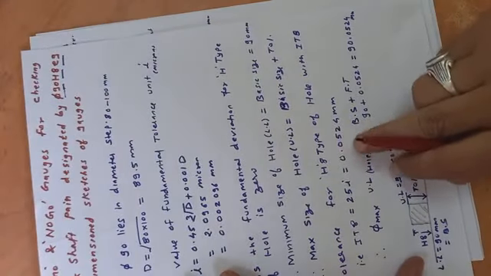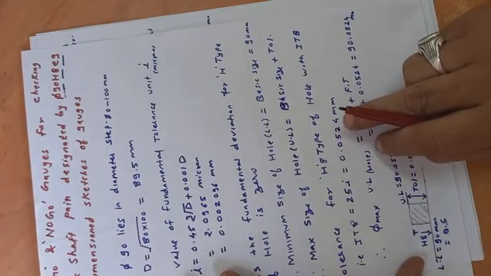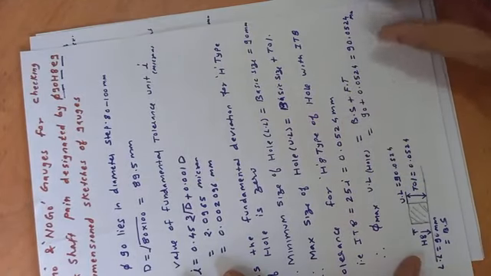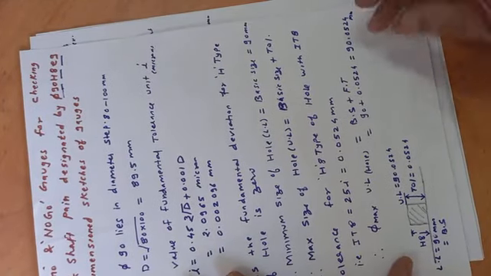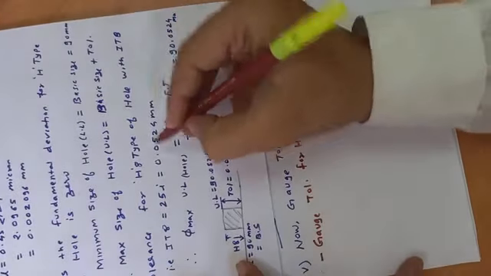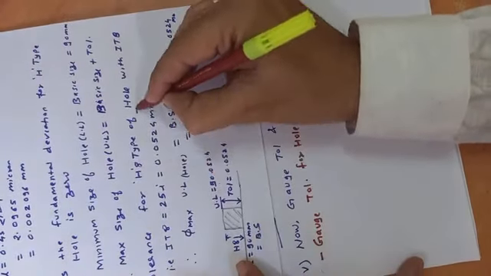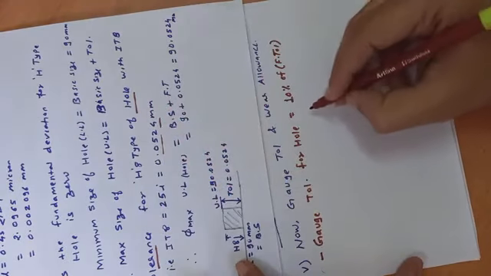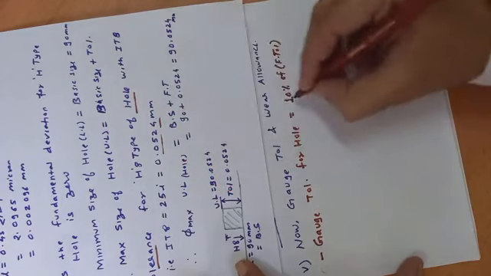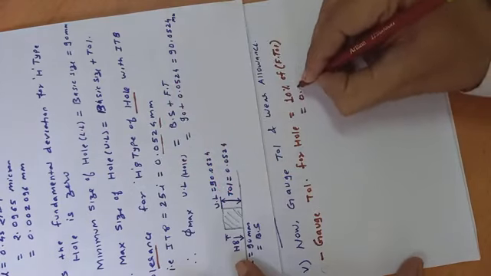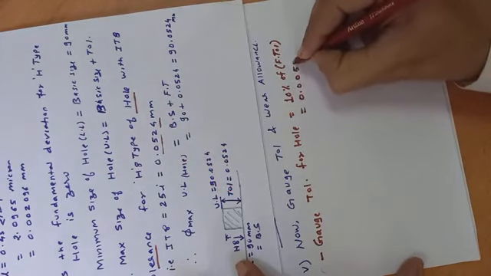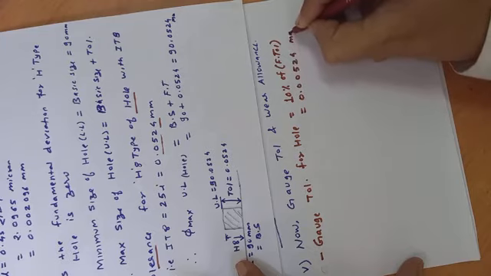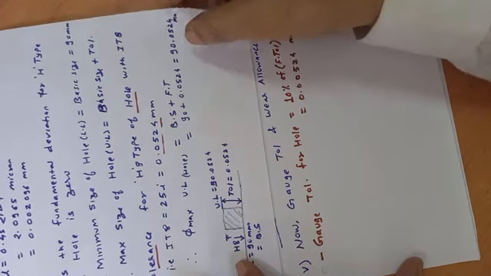The tolerance of hole is 0.0524. So 10% of this is taken as the gauge tolerance for hole. 10% of this means 0.00524 mm. So this is the gauge tolerance for hole.